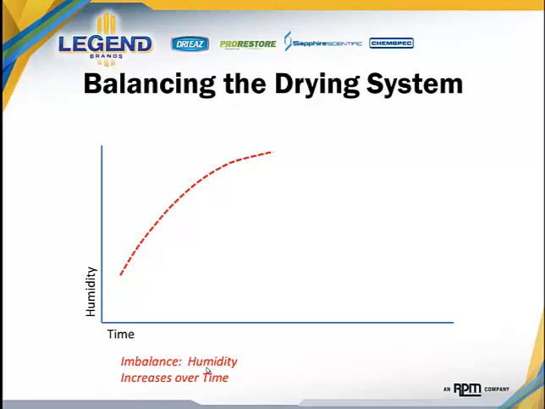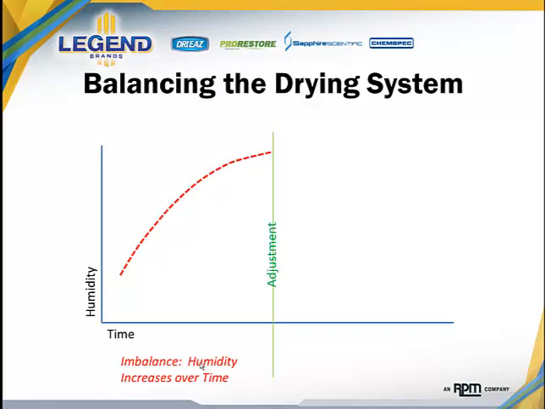If throughout the entire duration of the initial setup the humidity continues to build, and after 2, 3, or 4 hours of project setup the humidity is continuing to build, this is an indicator that there's a much larger problem than just a simple humidity spike at the front of the project, and an adjustment must be made. The adjustment we'll discuss in just a moment, but that adjustment is manipulating the balance between evaporation and dehumidification.